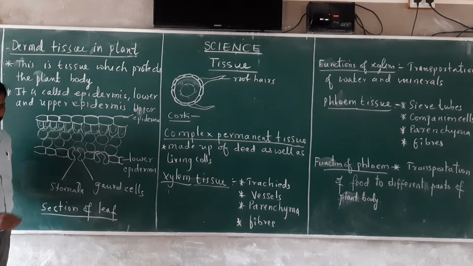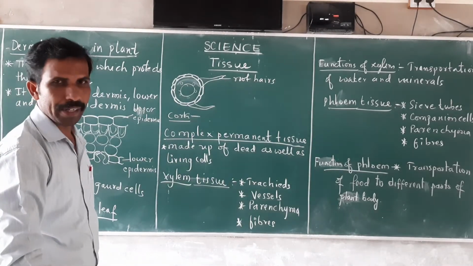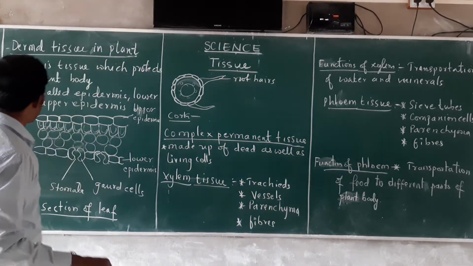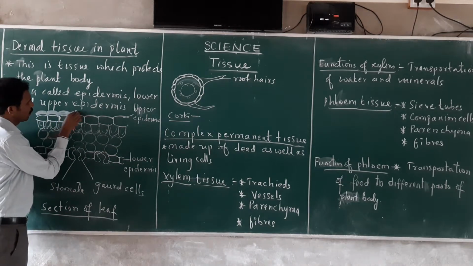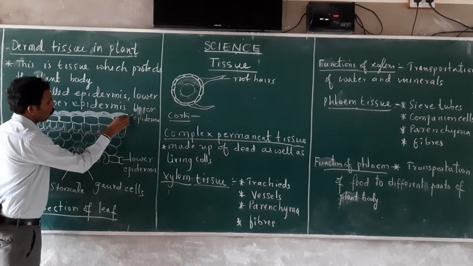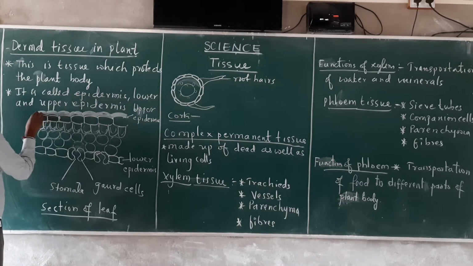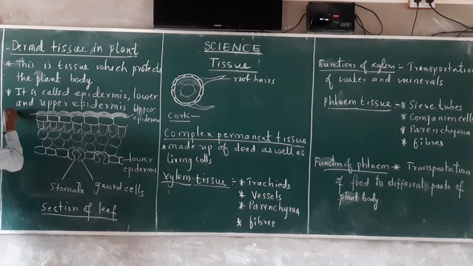On the upper epidermis, there is one more layer called the waxy layer, called the cuticle.